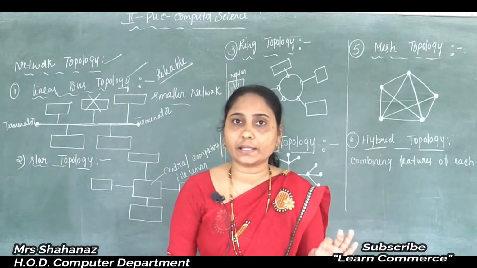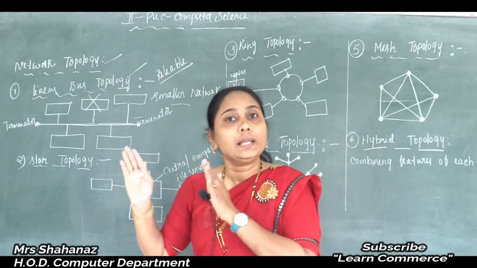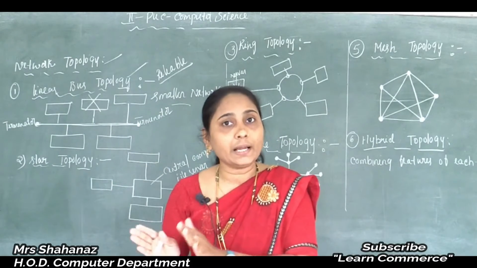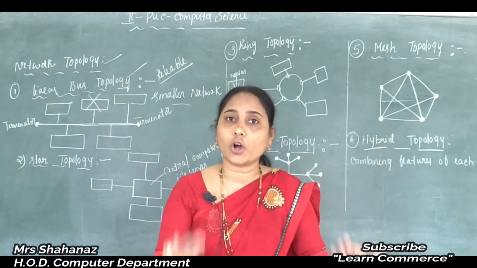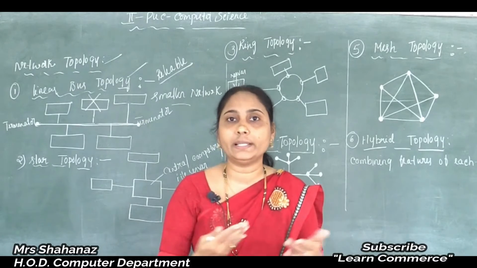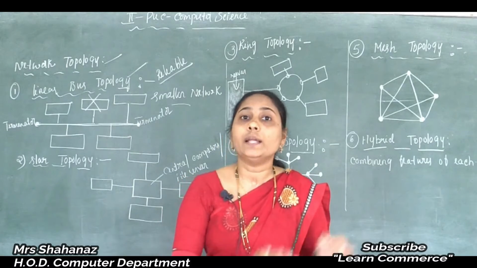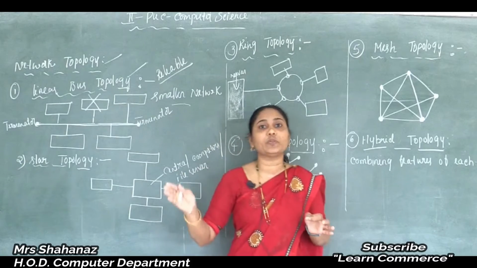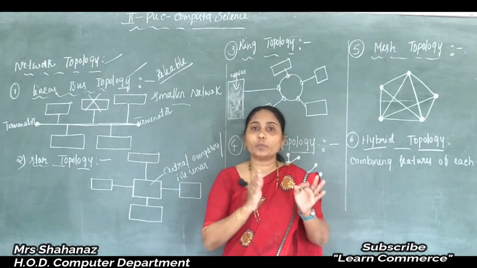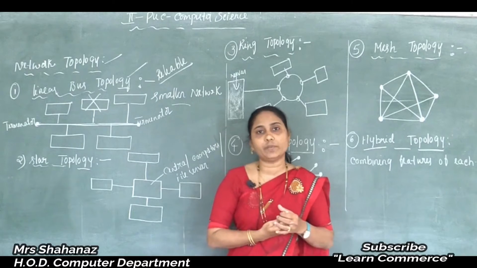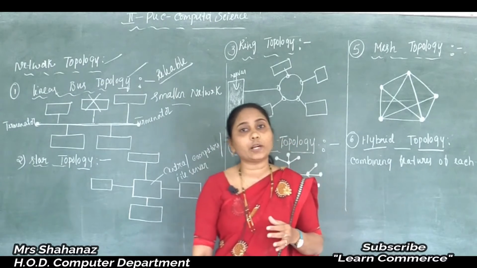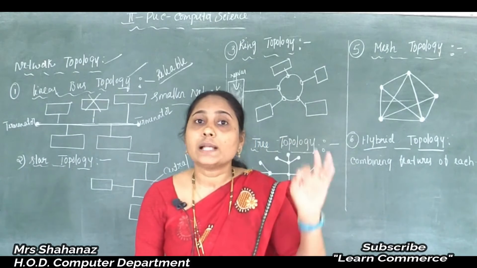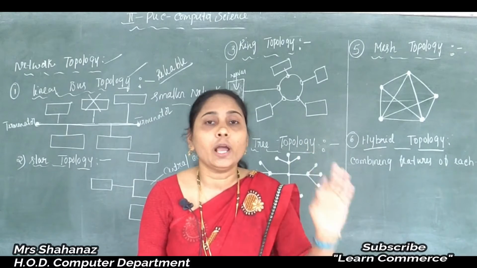So the main disadvantage of the linear bus topology is that some data is lost. Why is the data lost? Because of the large distances between the nodes. Clear this point? Also, sometimes data is lost because of simultaneous transmission by two nodes.